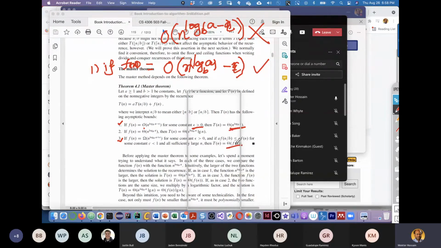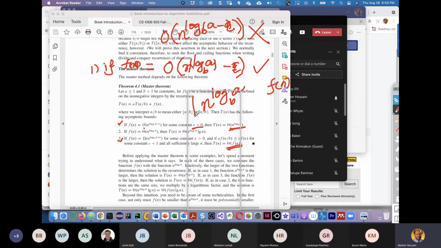So in both cases we are considering the dominant part, the larger part. We are considering n to the power log a with base b, and comparing with f(n).